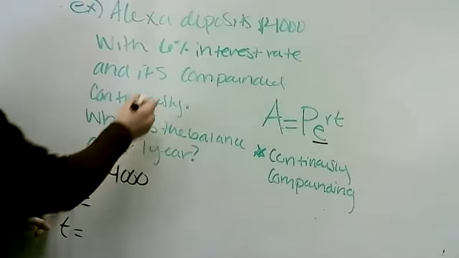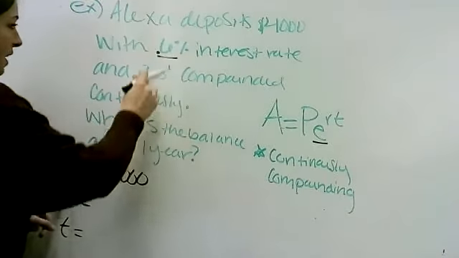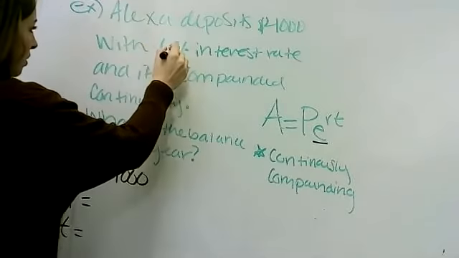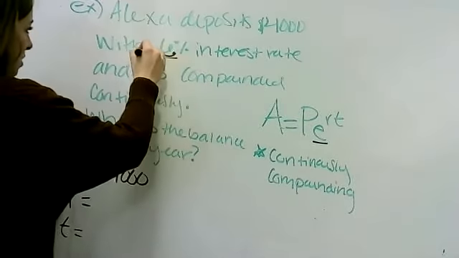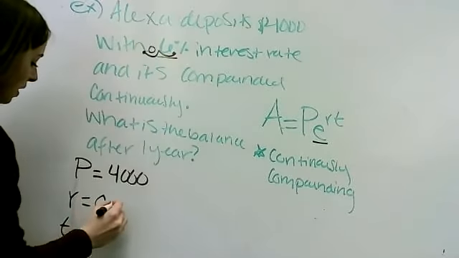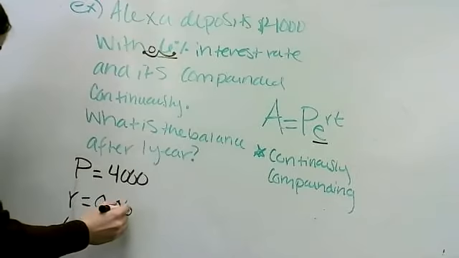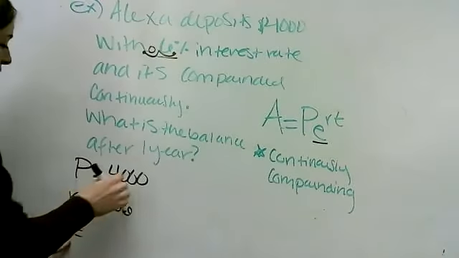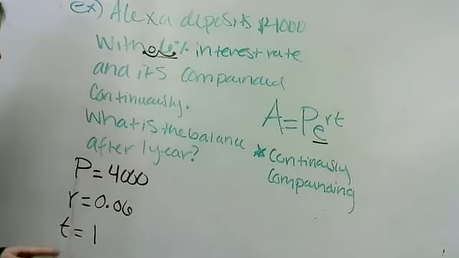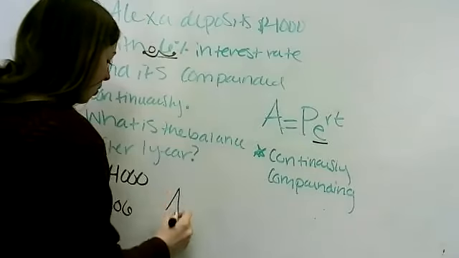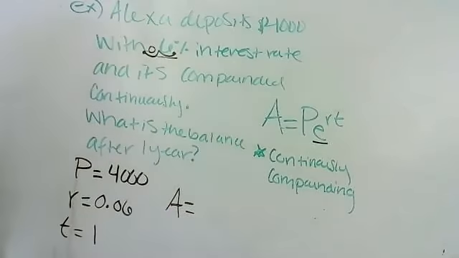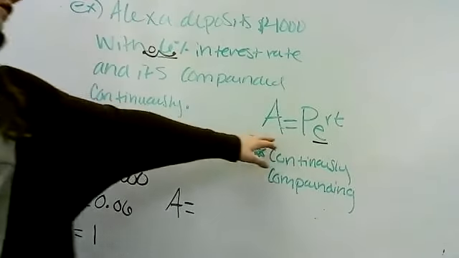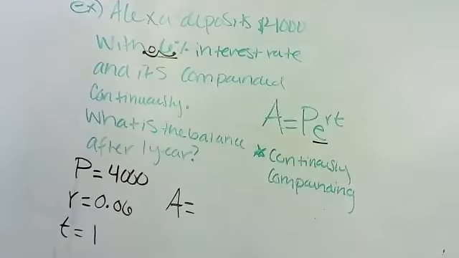The interest rate is 6%. Take that decimal, move it 2 times to the left to get 0.06. For time, we're only going to invest this for 1 year at the current moment, and then we're going to reevaluate after that. The way I like to remind students of this is you can always think of this as PERT, right? PE to the RT.